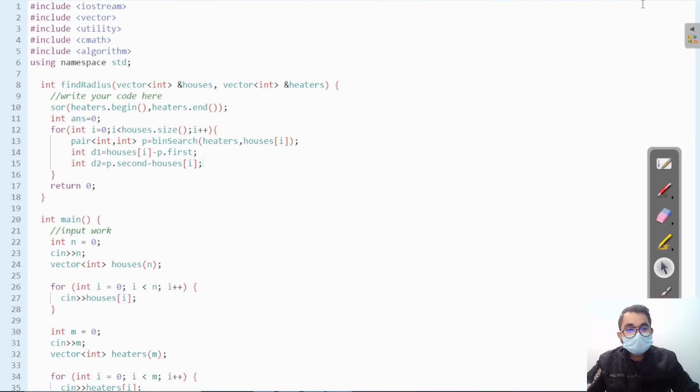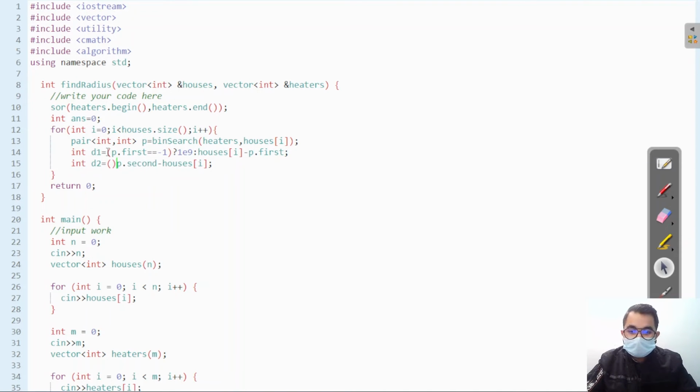Okay, now let's put a check here. If p dot first equals -1, then the heater is present at infinite distance.